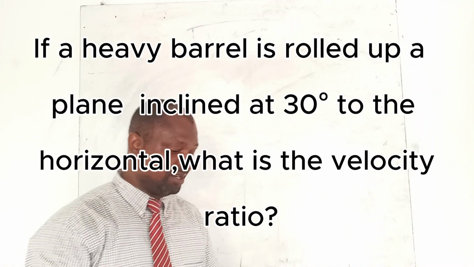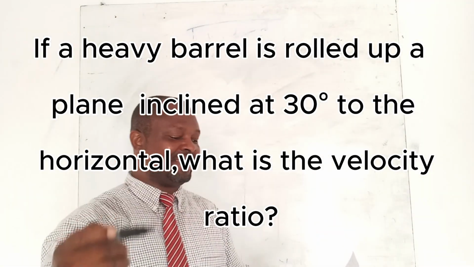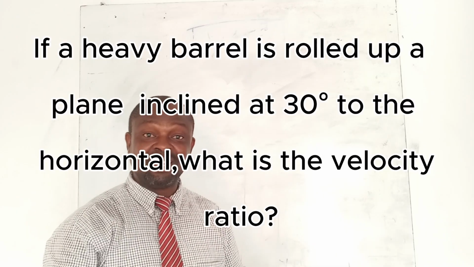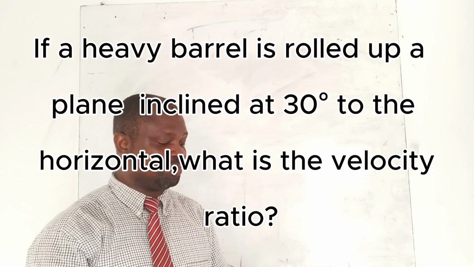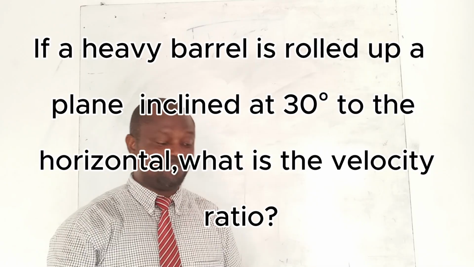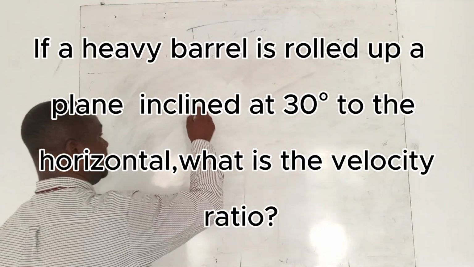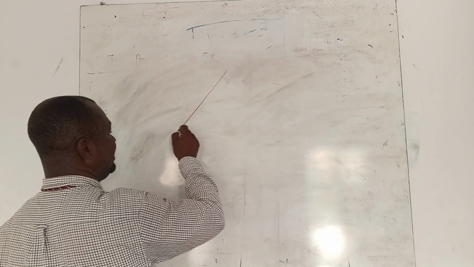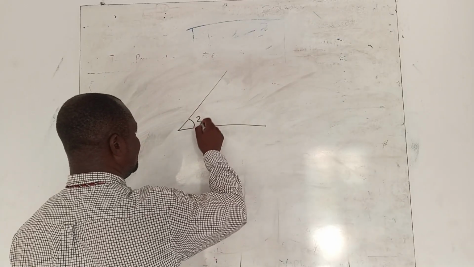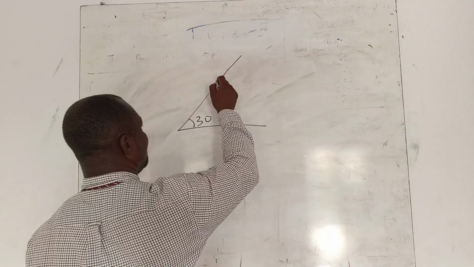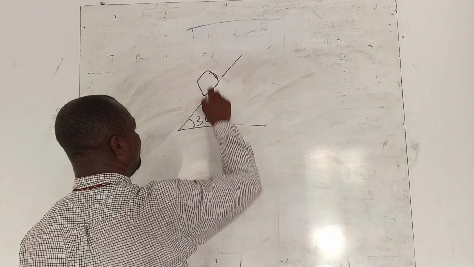If a heavy barrel is rolled up an inclined plane, inclined at 30 degrees to the horizontal, what is the velocity ratio? You don't even need to think too much here. The plane is inclined at 30 degrees. You are rolling a load up.